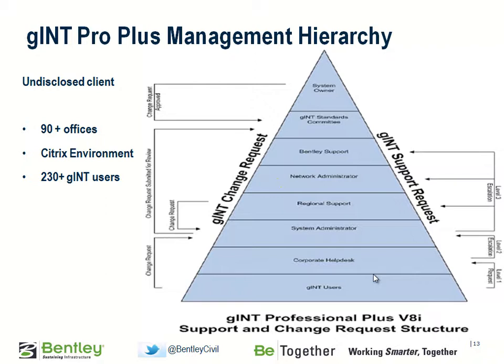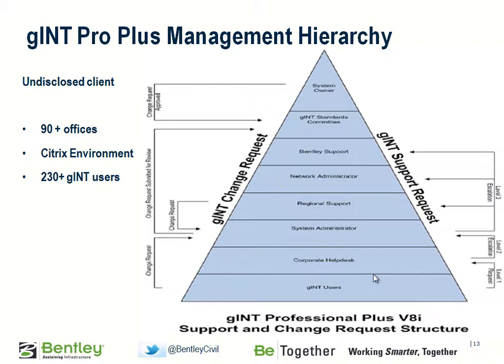He gave us permission to show this graph and some of their data without mentioning the names. They have 90 offices that they run GINT in, over 230 GINT users, and they have an entire setup in a Citrix environment. In a way, they outsourced their IT or part of their IT.